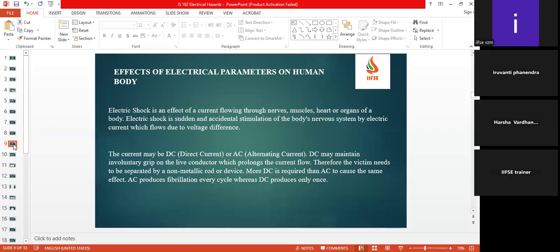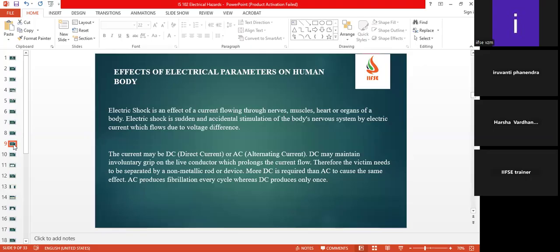So in case of any interruption or current difference, we have devices like ELCBs or RCCBs to cut down the supply whenever a difference comes. In case of any earth leakage, or somebody involved in the circuit, there will be a difference in the return. The return current difference will be detected by these circuit breakers, which immediately cut off the supply.